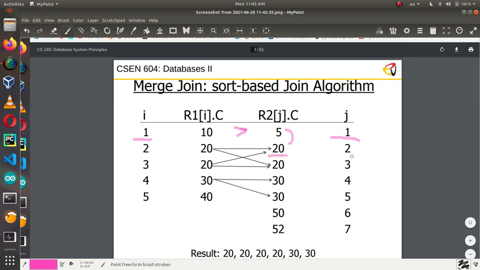So now we stand at 20, 10 is less than 20, so let's increment I. So now we stand at 20 and 20.